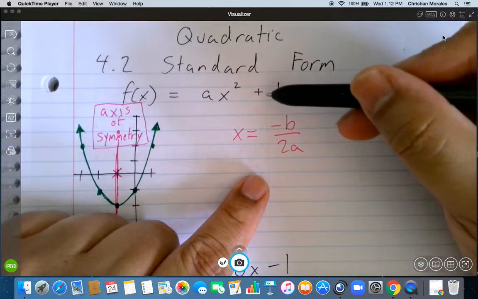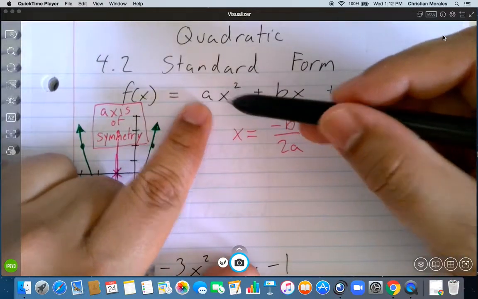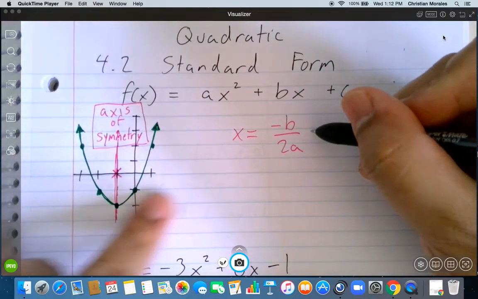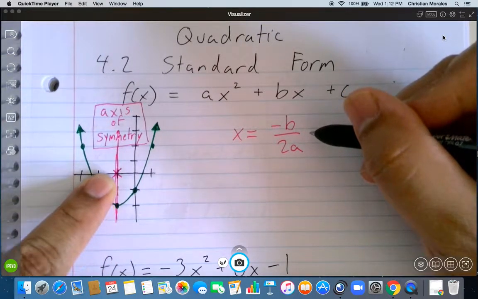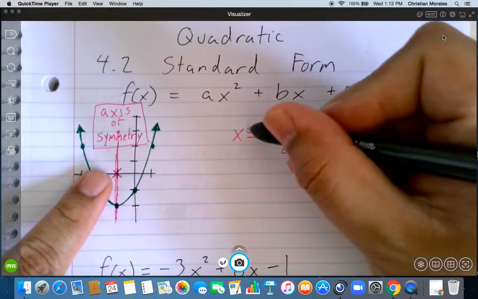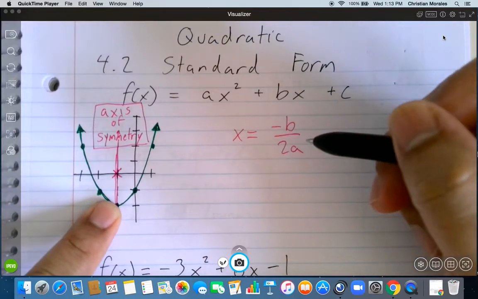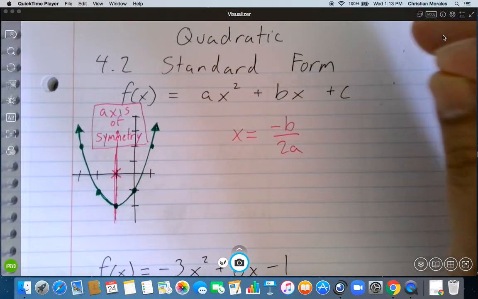If it's a negative, you'll end up changing it to a positive. Then the number here, you put down here and multiply it by 2. That'll give you where the middle of the parabola will be. Once you have this number for x, plug it in and you'll find the vertex. We're going to do a couple examples of how to find the axis of symmetry.